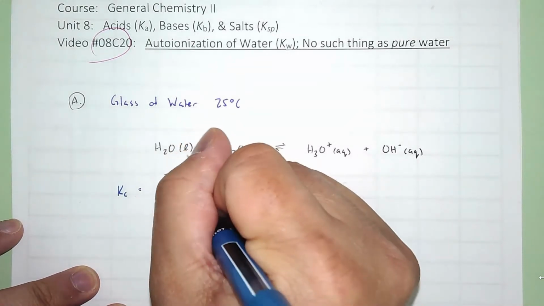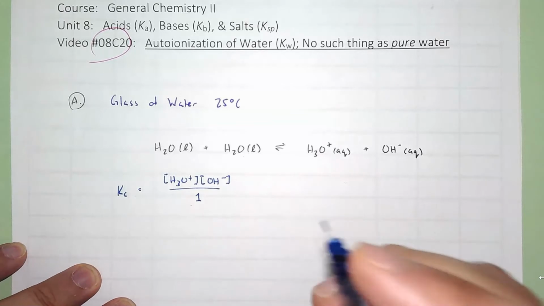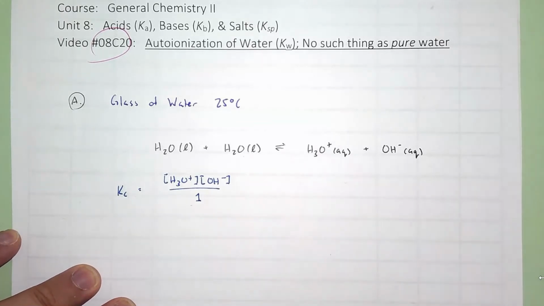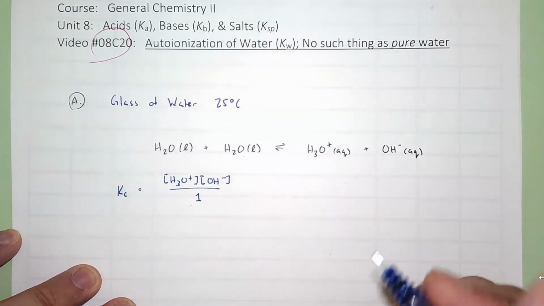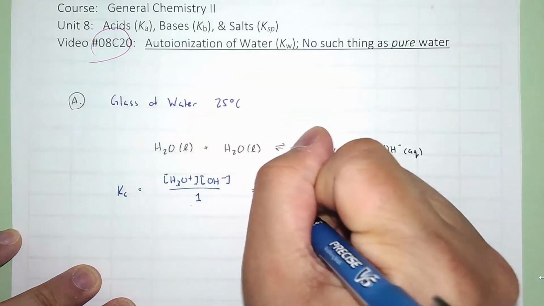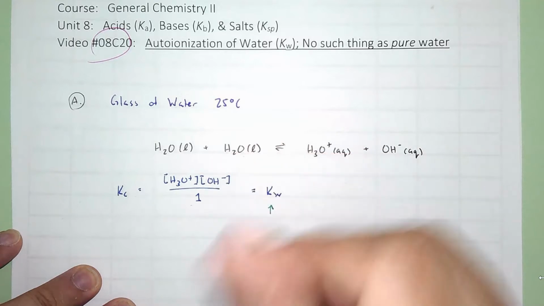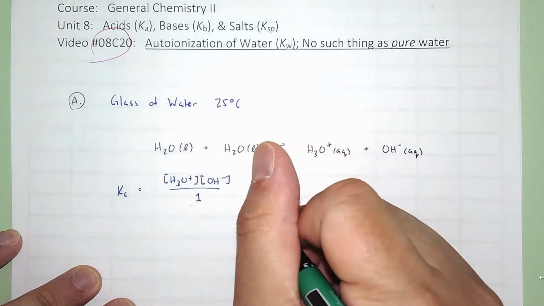So you can say over 1 or simply just don't write a denominator. Well, this equilibrium expression has a special name if it's just water at equilibrium. That's called Kw.